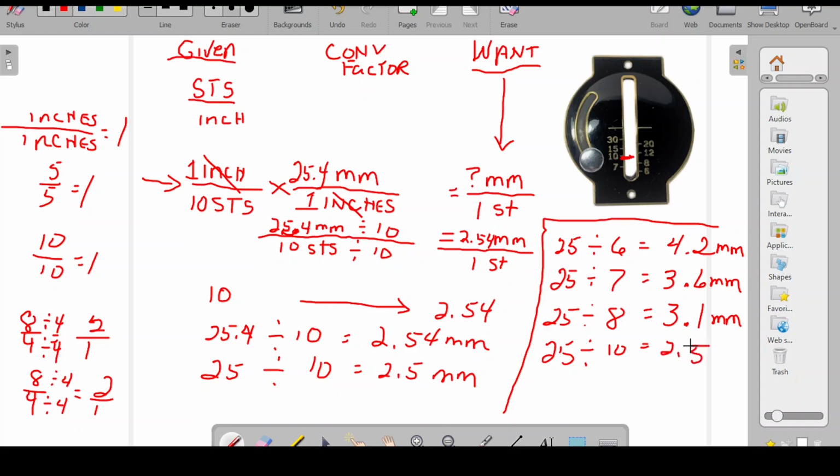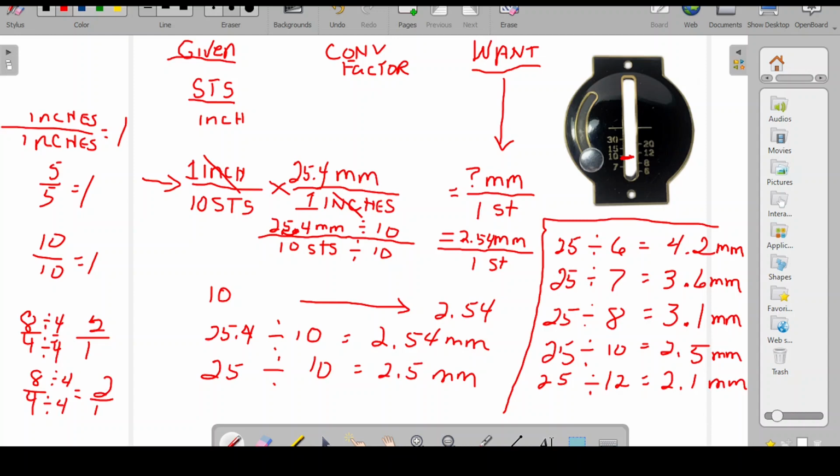But we're just going to round it to 2.5. And then 25 divided by 12. Well, 12 times 2 is 24, so we know it's 2 something. 25 divided by 12 is 2.08. So we'll just call it 2.1.